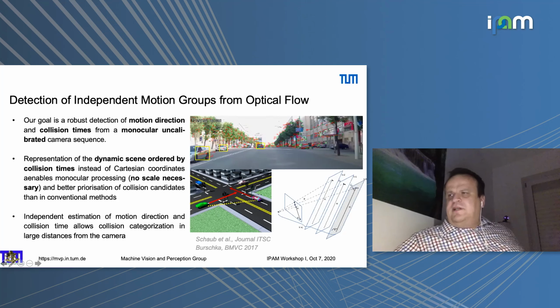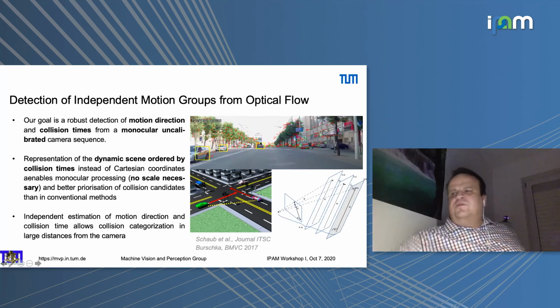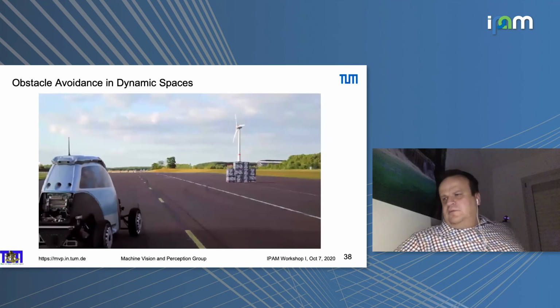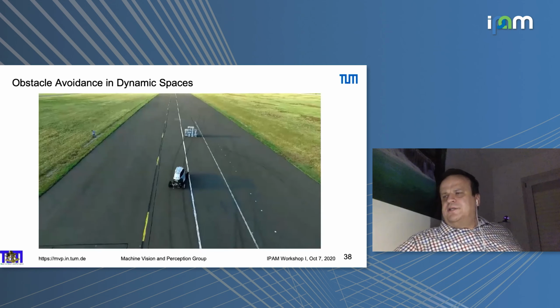So I get clustered objects in the scene of independently moving cars. What I know is that this is the car I will have to deal with first. This is a car which I will have to deal with second. And for this car, I got information that I dealt with this car before because the car is moving faster than I am. The whole information is stored just in the image. And we can use it now to do dynamic obstacle avoidance.